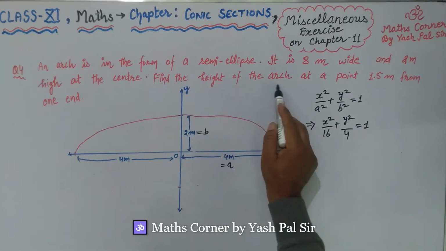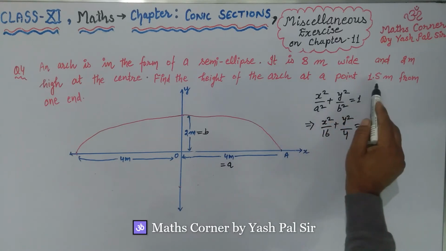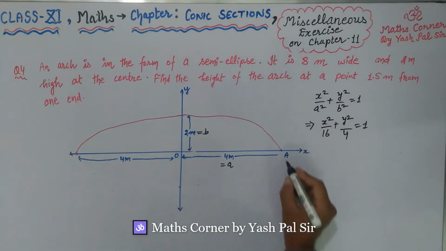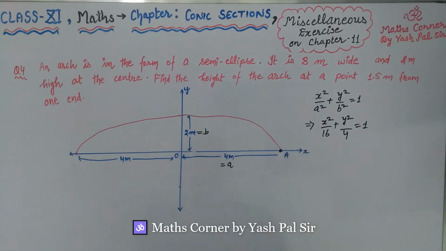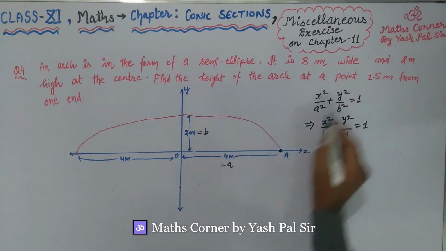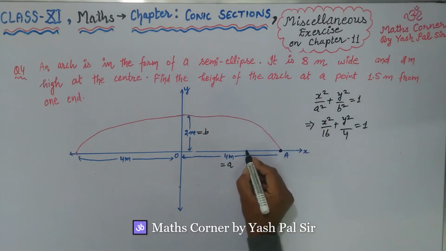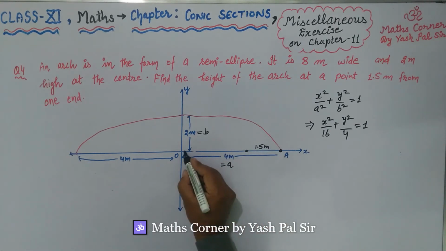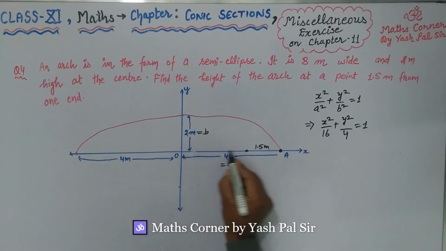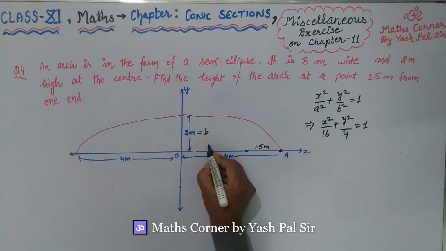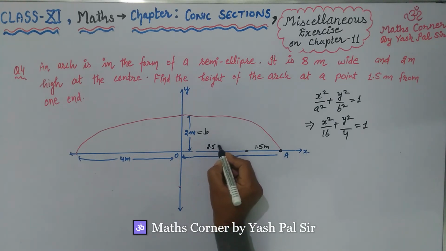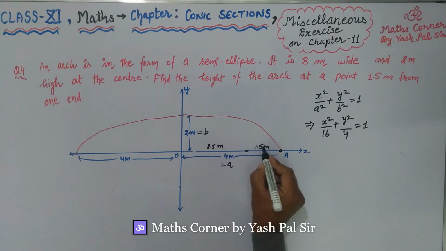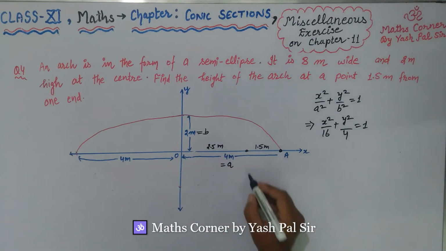Now next part of the question. Find the height of the arch at a point 1.5 meter from one end. Suppose we are taking this one end point and 1.5 meter from this end point. Suppose this is the distance 1.5 meter. So out of 4 meter, what is the distance of this? We are left with 2.5 meter. Only then 2.5 plus 1.5 becomes 4.